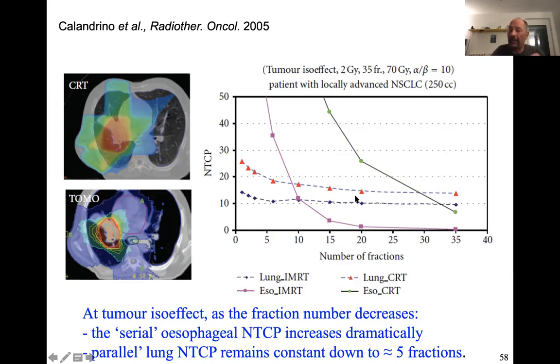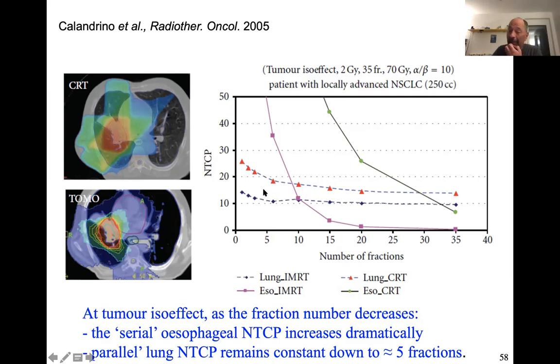But you see for the lung, here in red is the 3D CRT and in black is the tomotherapy. Again, 3D CRT is always worse than tomotherapy, but if you reduce the number of fractions, same BED in the tumor, surprisingly, you don't have any large increase in toxicity, except when you go to very, very few fractions.